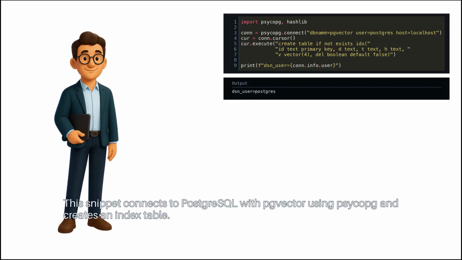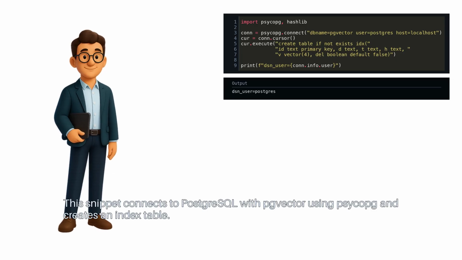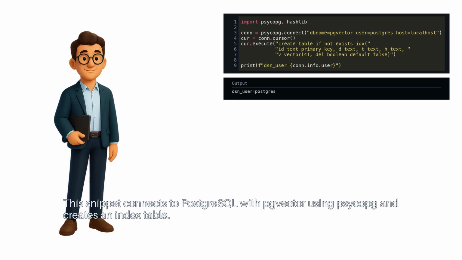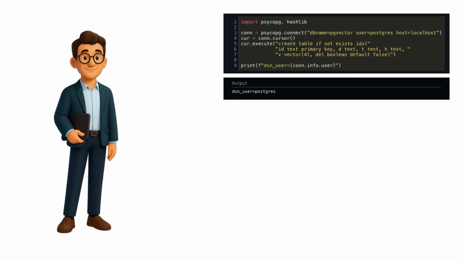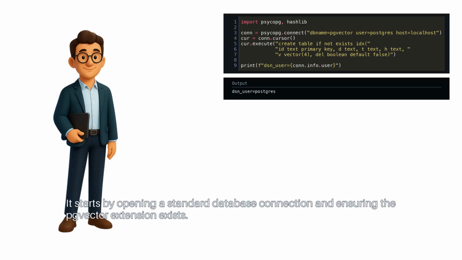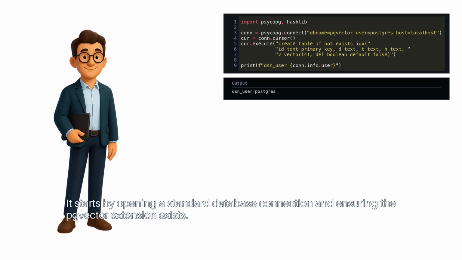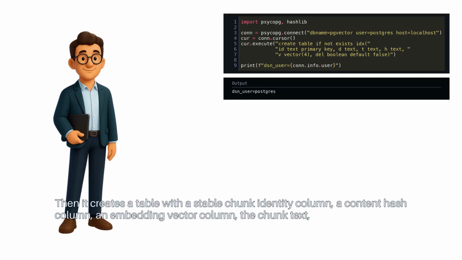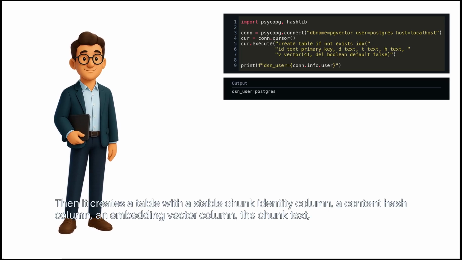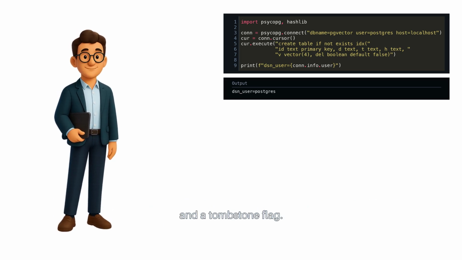This snippet connects to PostgreSQL with pgvector using psycopg and creates an index table. It starts by opening a standard database connection and ensuring the pgvector extension exists. Then it creates a table with a stable chunk identity column, a content hash column, an embedding vector column, the chunk text, and a tombstone flag.